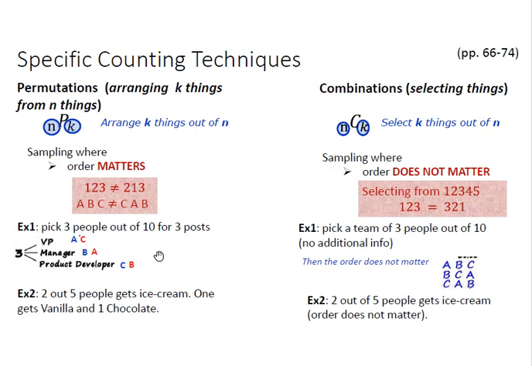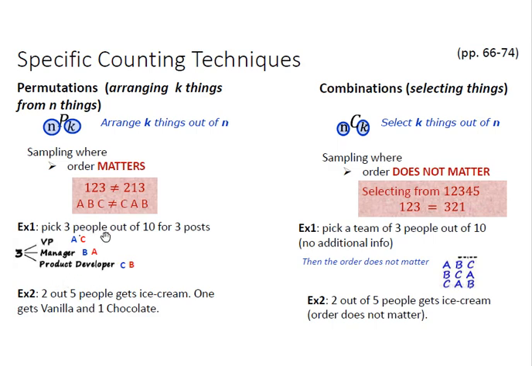Now look at these examples. Pick 3 people out of 10 for 3 posts: a vice president, manager, and product developer. If I picked A, B, and C, it means A is vice president, B is manager, and C is product developer. But if I picked CAB, it means C is vice president, A is manager, and B is product developer.